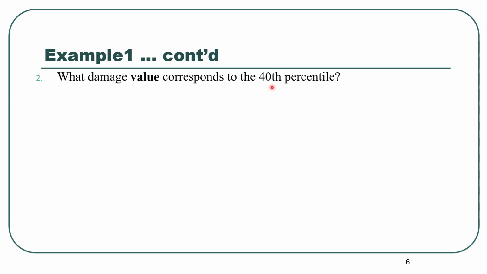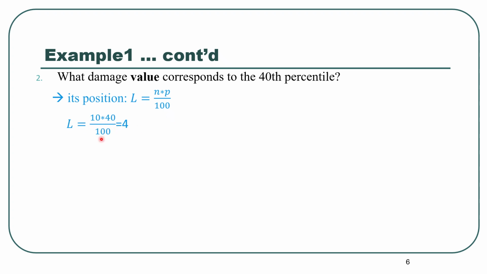I already know the rank, so what was the rule? We need to arrange the data and find the value in the position L, which is n times P over 100. N is again the 10 values we have in our data, 100 is constant, and P is the rank, so P is 40.